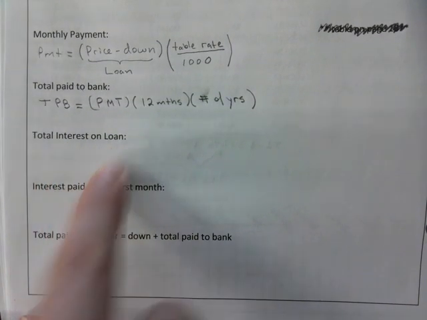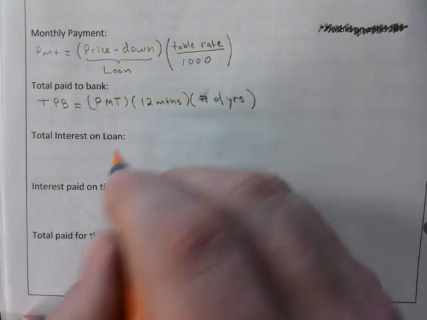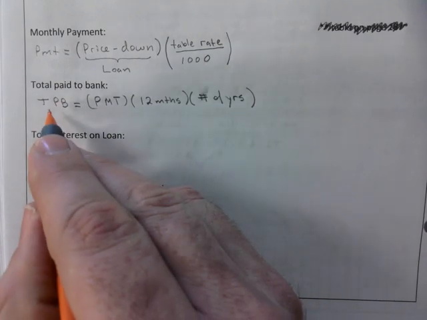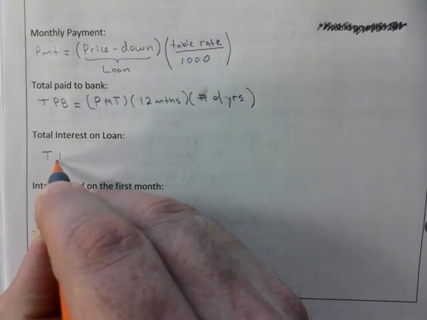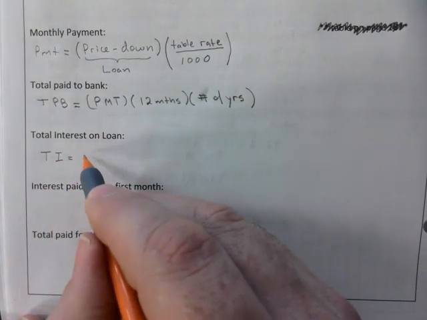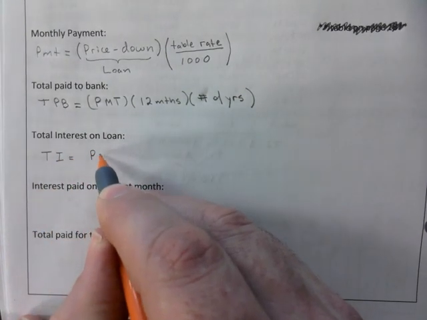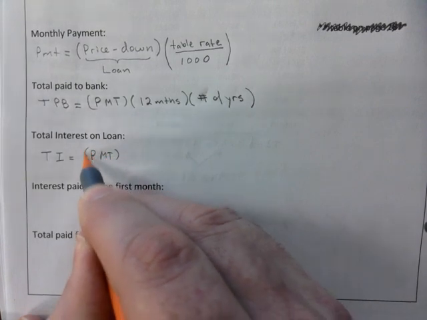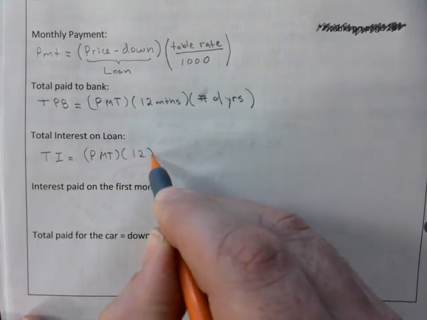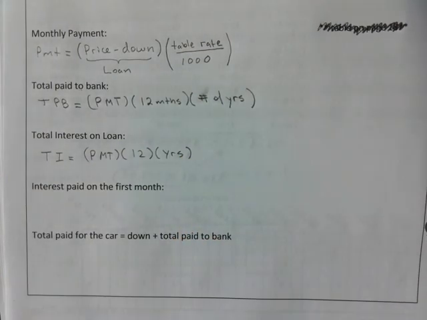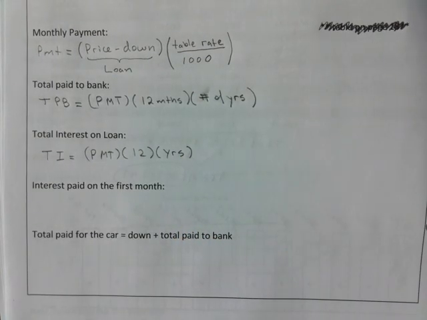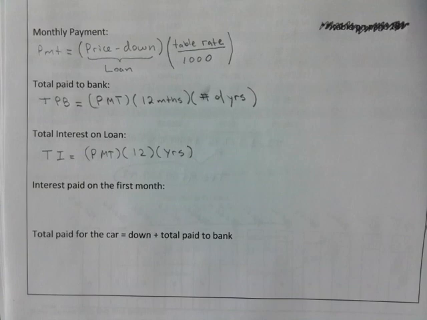Total interest on loan, this is what we call TI. We talked about TPB yesterday, total paid to the bank. We talked about total interest. Total interest is, does this look familiar to you, what I just did there? It looks just like the previous line, doesn't it? Yeah.